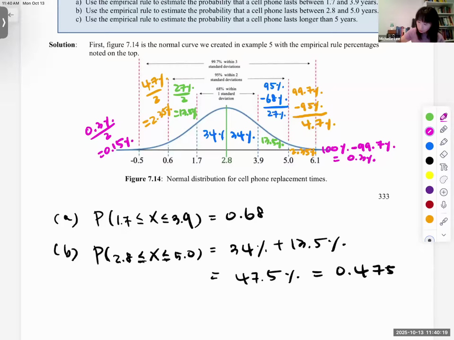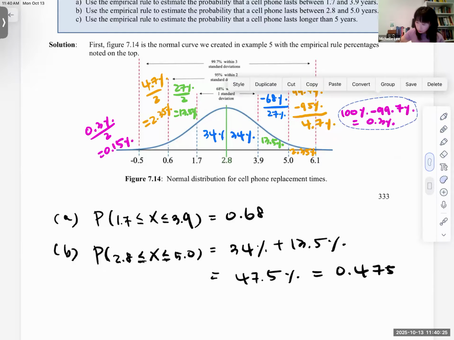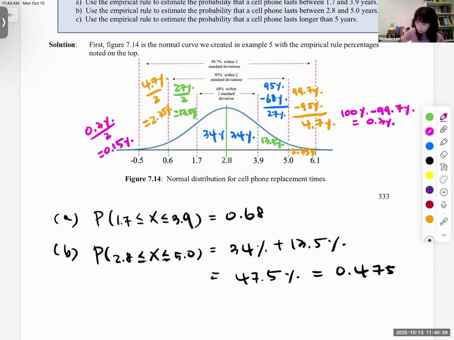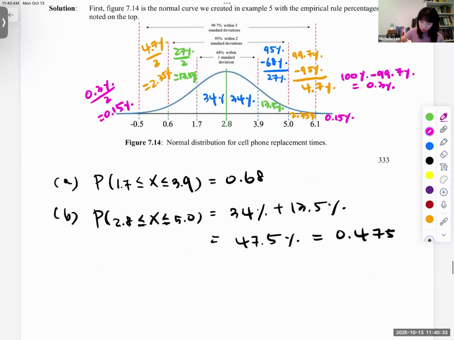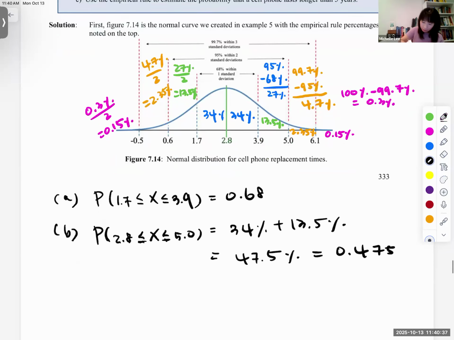So for the last one, longer than 5, x is greater than 5.